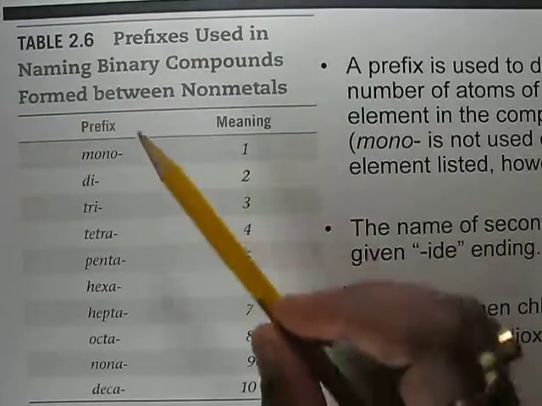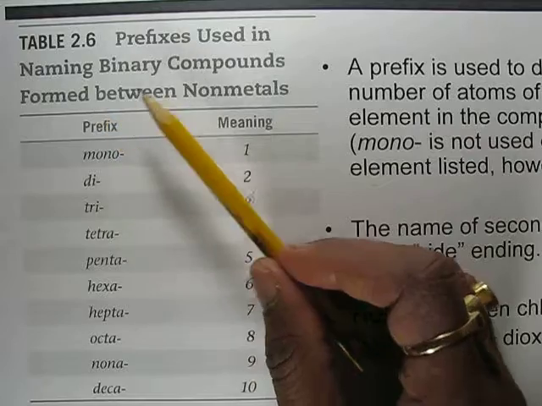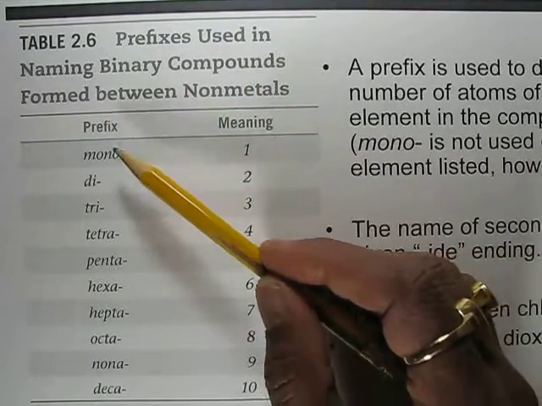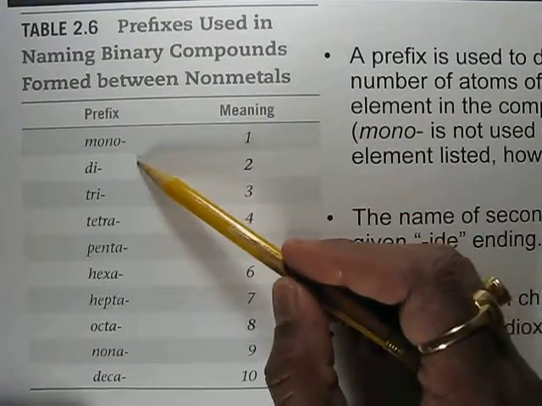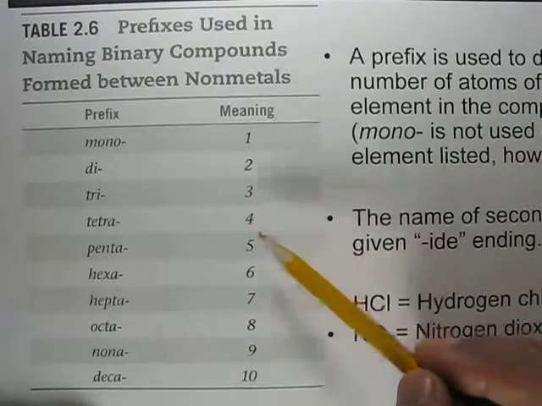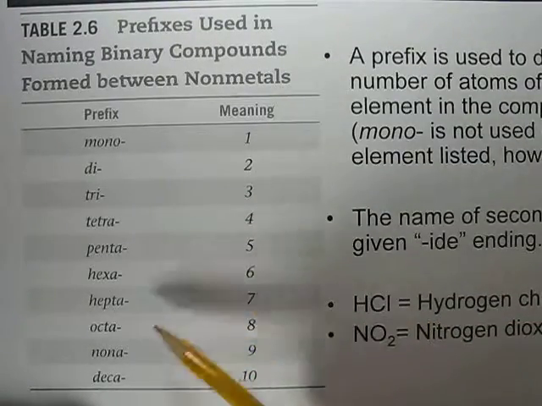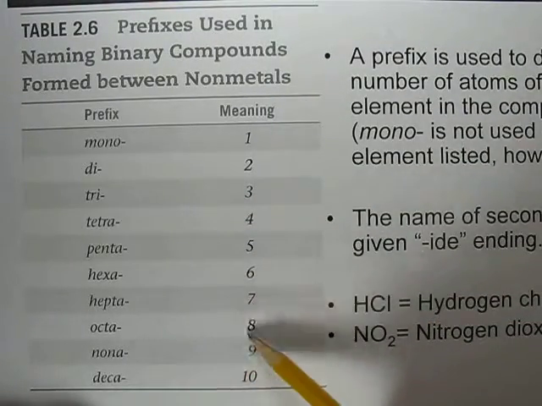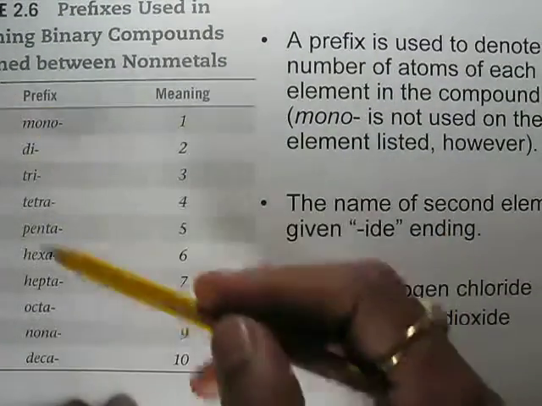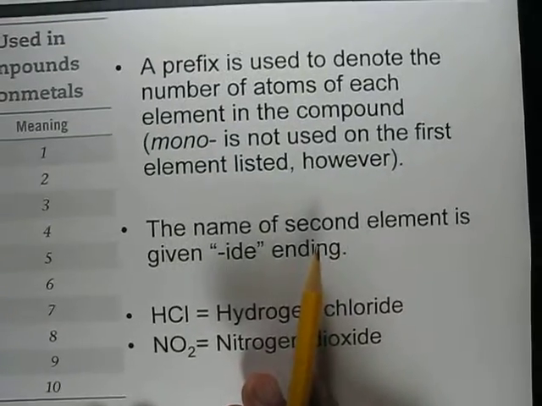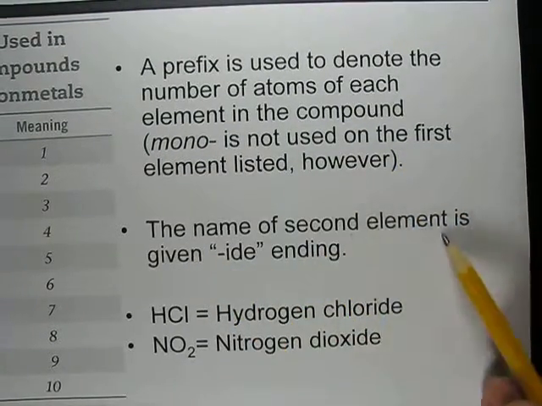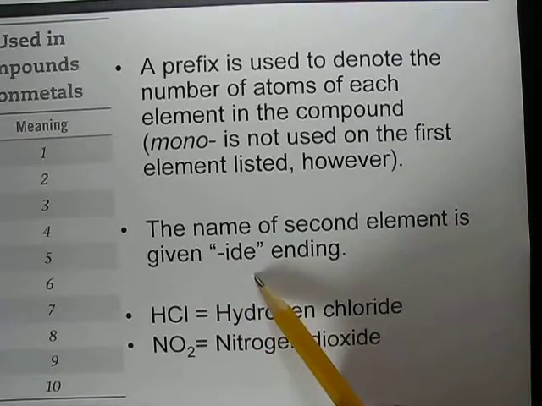Here is the list of prefixes used in naming binary compounds formed between non-metals. Mono means 1, di means 2, tri 3, tetra 4, penta 5, hexa 6, hepta 7, octa 8, nona 9, deca 10. These prefixes are used in naming binary molecules, and the name of the second element gets the ending ide.